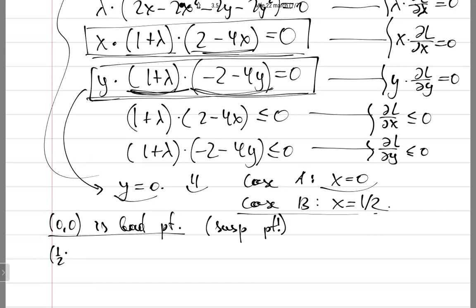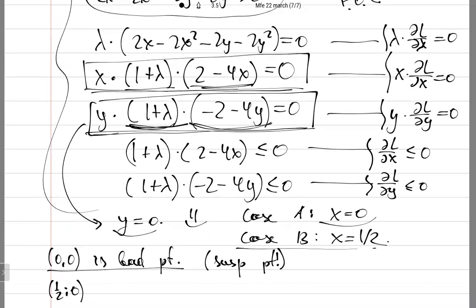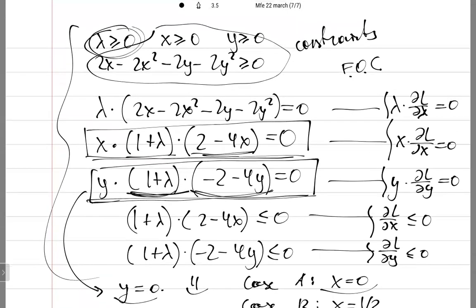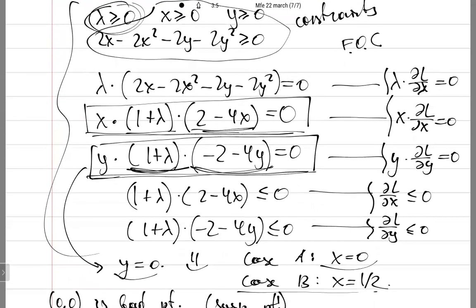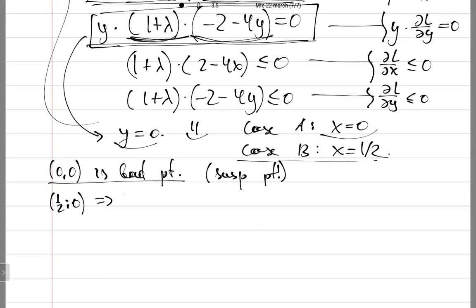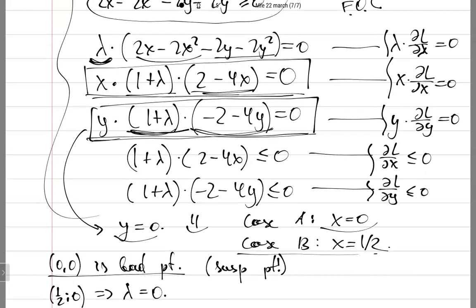The point (1/2, 0). Let's check that everything is satisfied. So y is 0, x is 1/2, so I make the conclusion that lambda is 0. If lambda is 0, that is okay.